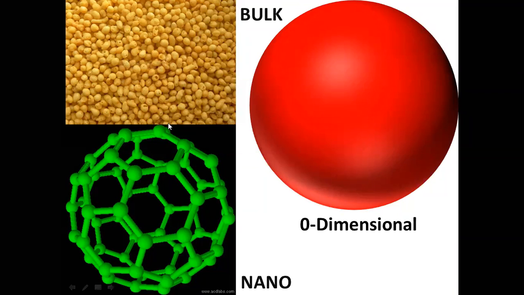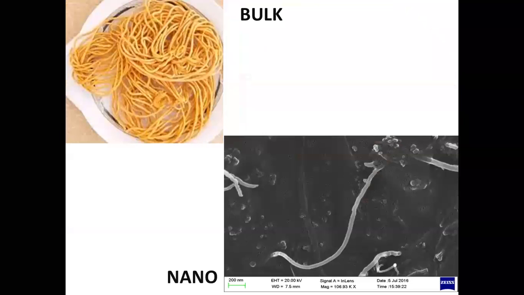Both are spherical in nature, but the bundi is a bulk material and fullerene is a nanomaterial. In all directions X, Y, Z, the size of fullerene is in nanometers, whereas the bulk will be in millimeters, microns, centimeters or meters. That is what a bulk material is.